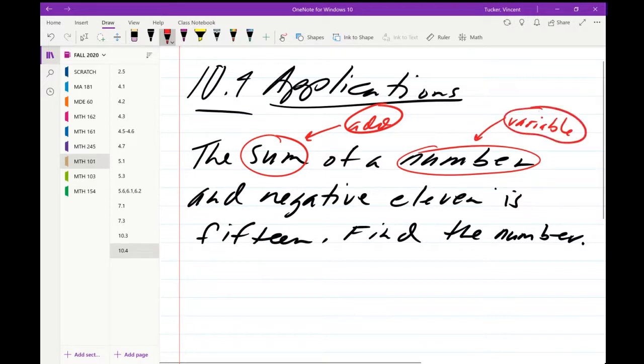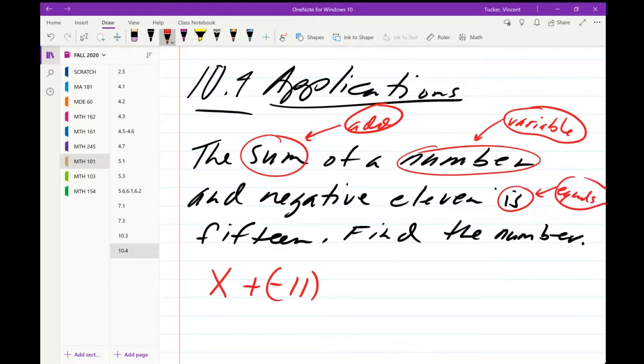All right. So x plus negative 11 is the sum of a number and negative 11. Equals 15. So that's your equation.